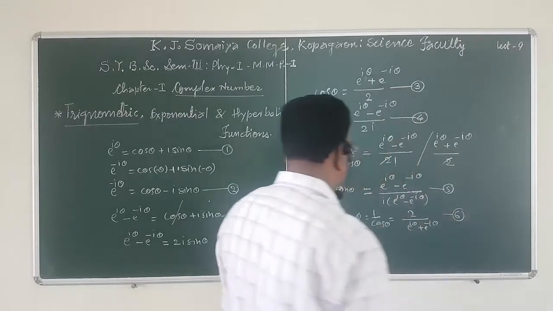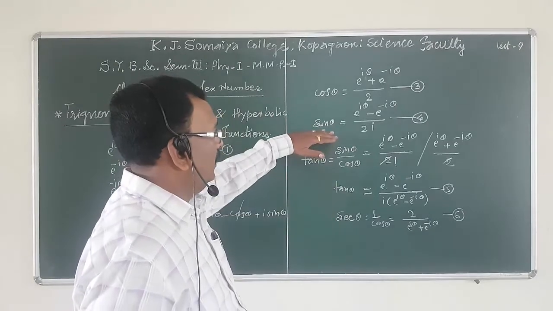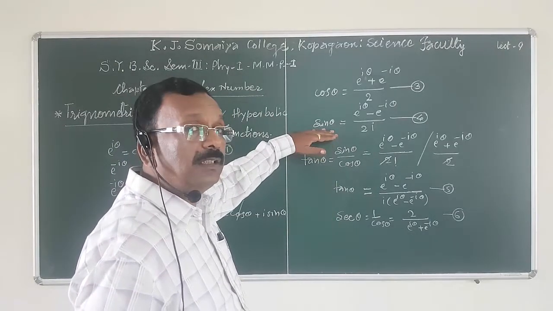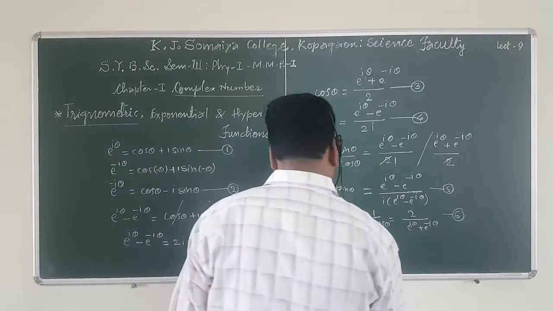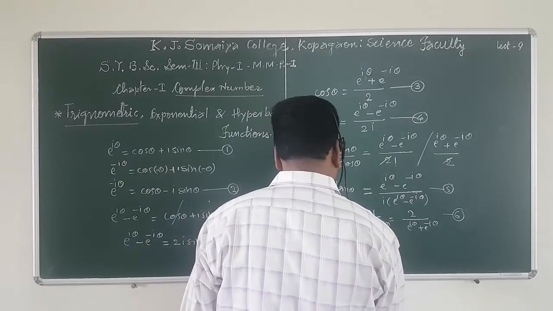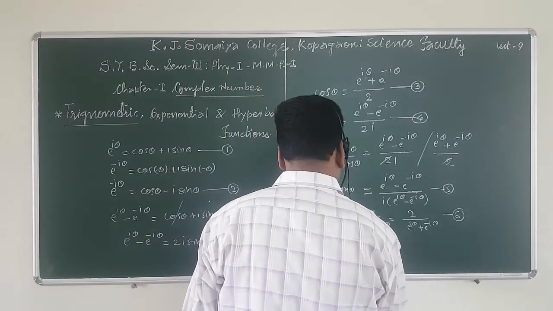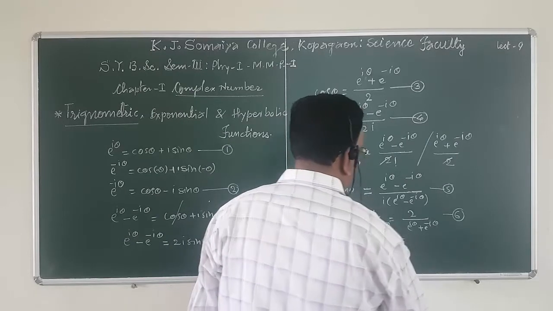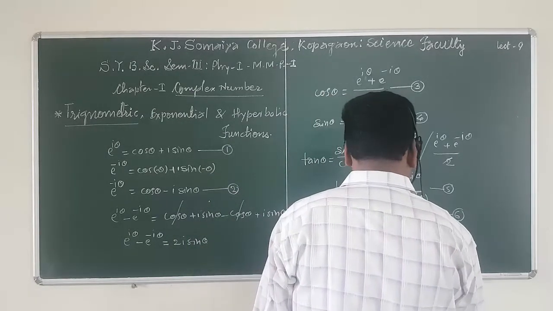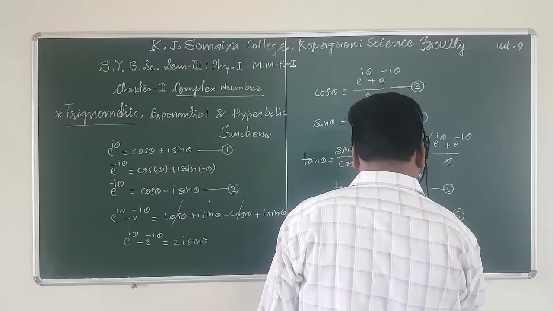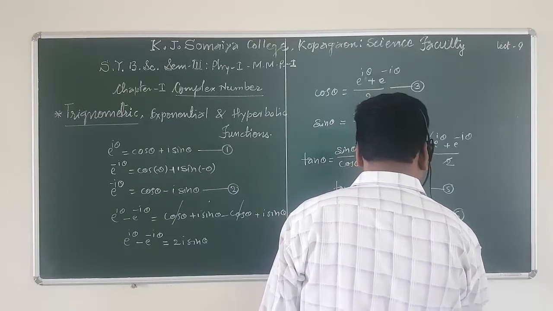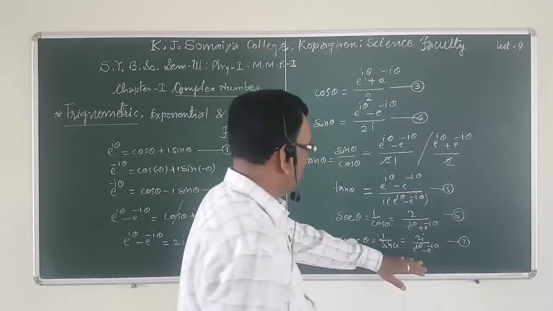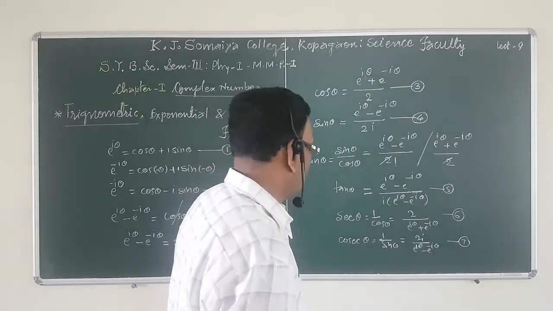This is equation number 6. Again, the reciprocal of sin theta, that is 1 upon sin theta, is equal to cosec theta. So the next trigonometric function is cosec theta is equal to 2i upon e raised to i theta minus e raised to minus i theta. This is equation number 7. Remember, this is the reciprocal of the sin equation.